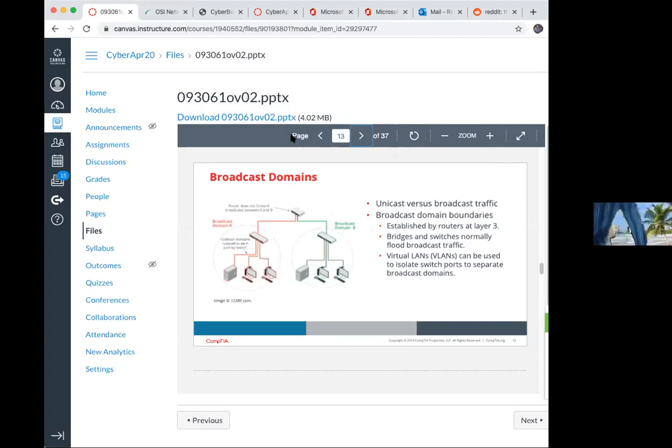All right. So broadcast domains. Within a collision domain on any shared medium, any given node will receive all the traffic within that domain, right? So they all get the same signal, and it chooses to process only traffic that's specifically addressed to it.